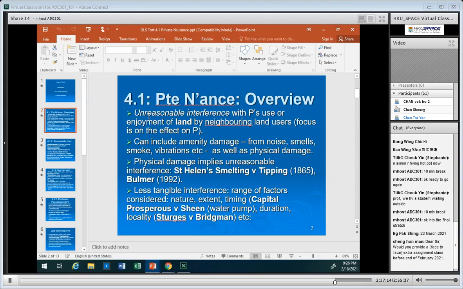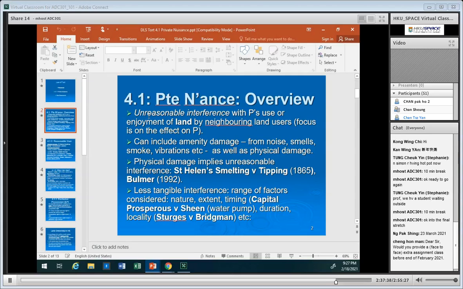If there's actually physical damage to the plaintiff's land, though, that is unreasonable without any extra analysis. Okay, so that's the third bullet point on the screen. So watch out for that in your assignment question 2. If there's actual physical damage to the plaintiff's land, that will be unreasonable interference without any further analysis.